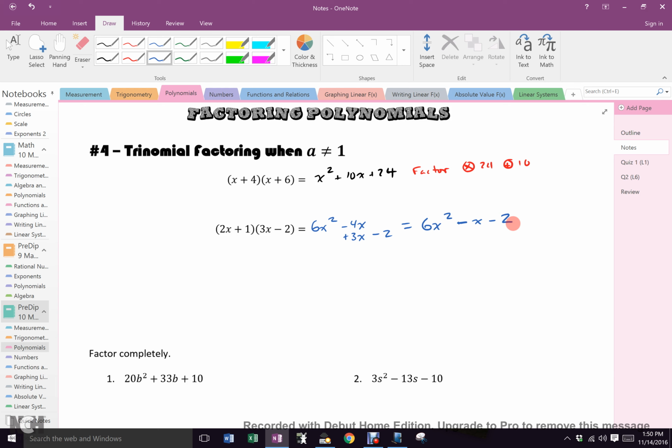Everyone's all right? Okay. Now, I want you to look at that expanded trinomial and that expanded trinomial and tell me what is similar. Not what's different. Tell me what's similar. Normally I ask for the differences.